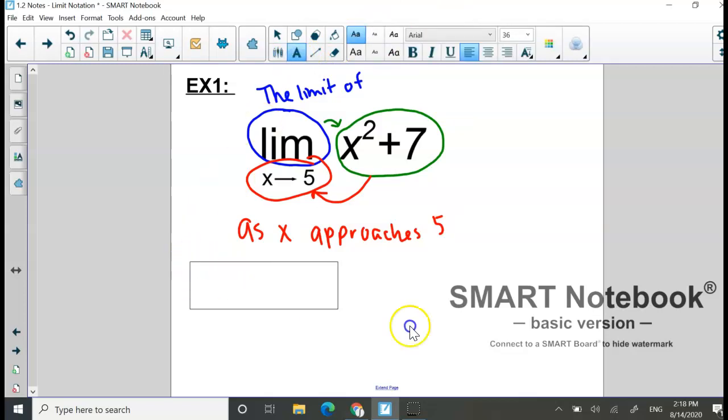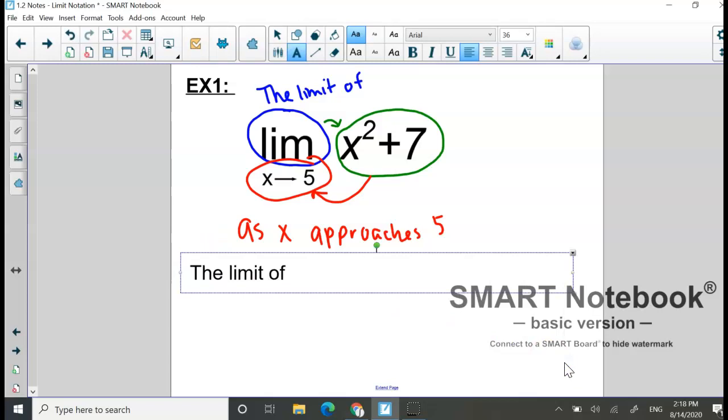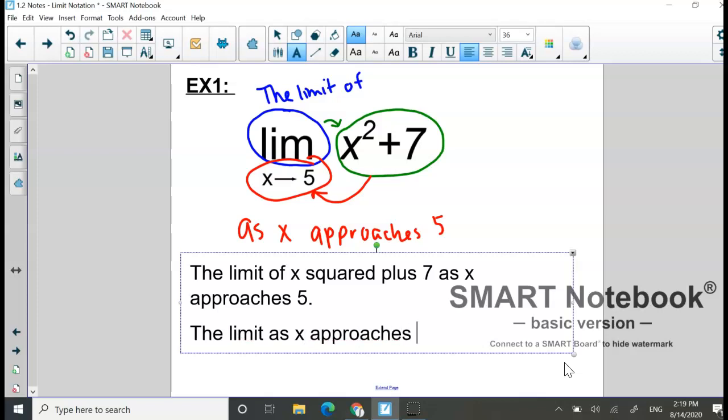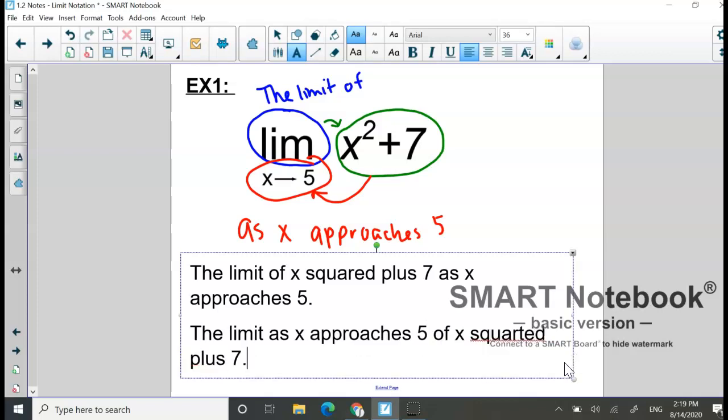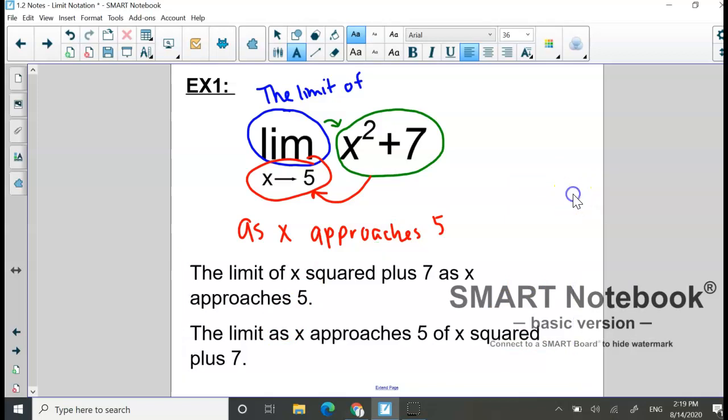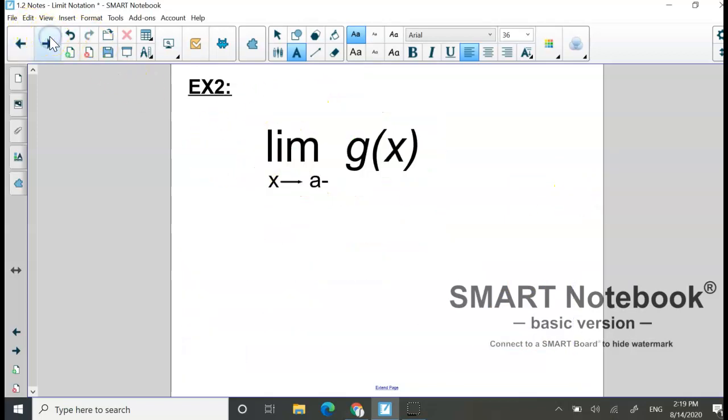So if we want to type this in a sentence, we would have the limit of x squared plus 7 as x approaches 5. As I also said, I'm not going to write it both ways on all these, but you could also say the limit as x approaches 5 of x squared plus 7. So that's just rewriting that sentence.